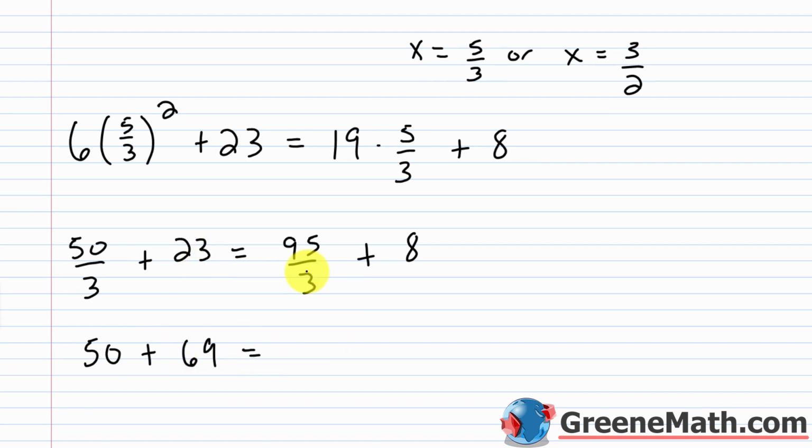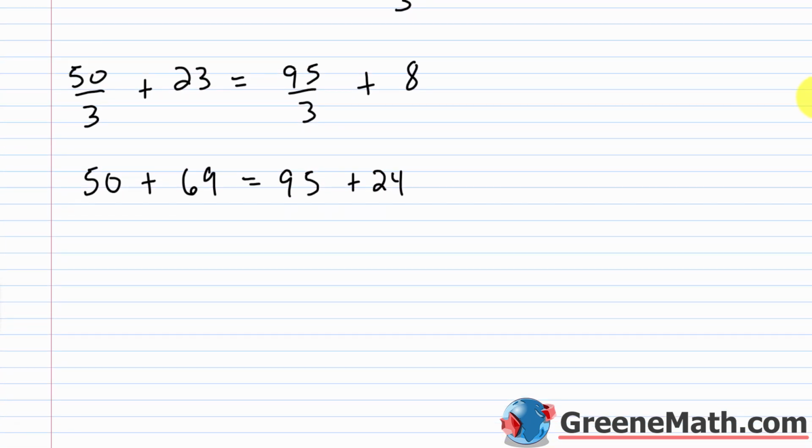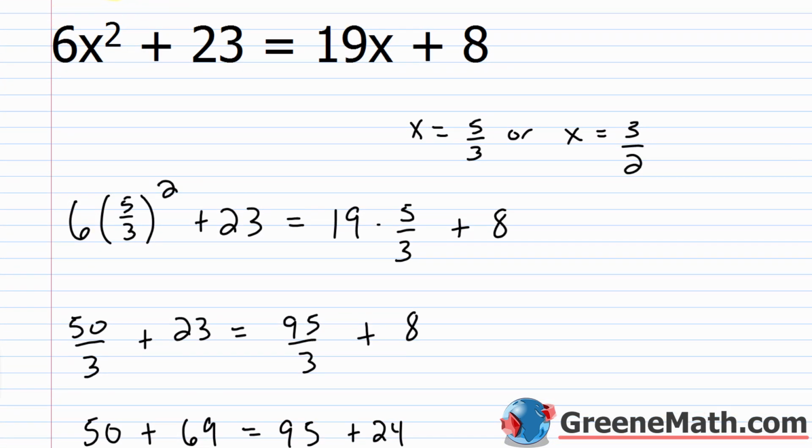This should be equal to, if I multiply this by 3, I get 95. If I multiply this by 3, I get 24. So 50 plus 69 is 119, is equal to 95 plus 24, which is also 119. So you get 119 equals 119. Scroll back up here, and we could say that x equals 5/3 is a true solution.